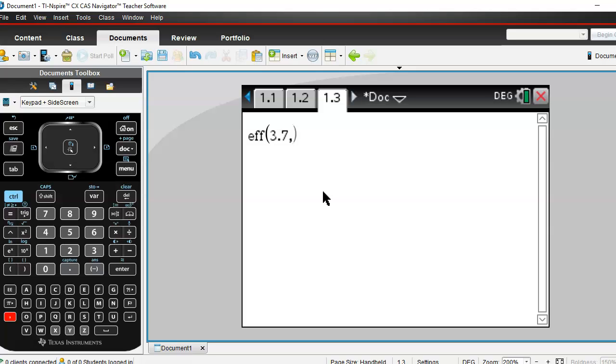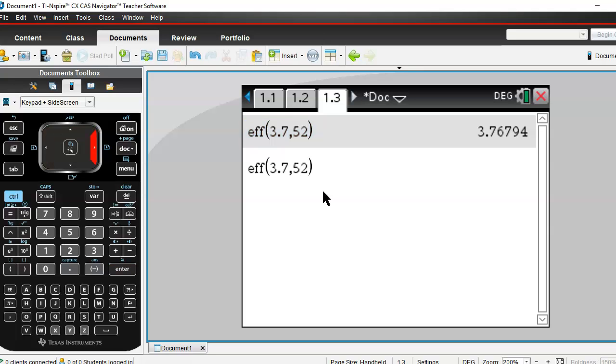So there are 52 weeks in a year. Do it to two decimal places, 3.77% effectively per annum.